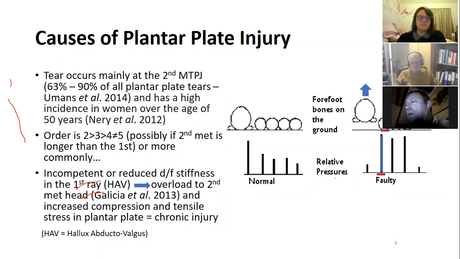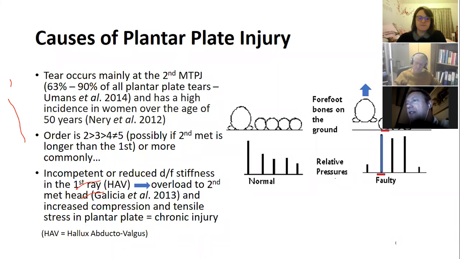But where the first metatarsal doesn't bear weight properly, and commonly this is in hallux abductovalgus, so when you see somebody with a hallux abductovalgus and you have that raised dorsiflexed first metatarsal with the callus along the first proximal interphalangeal joint, that push-off callus, roll-off callus, and callus on the medial edge, if you like, of that rotated first ray, it doesn't bear weight properly.